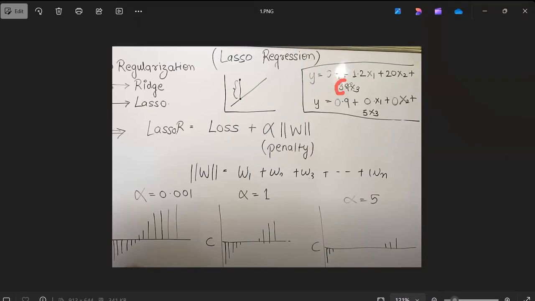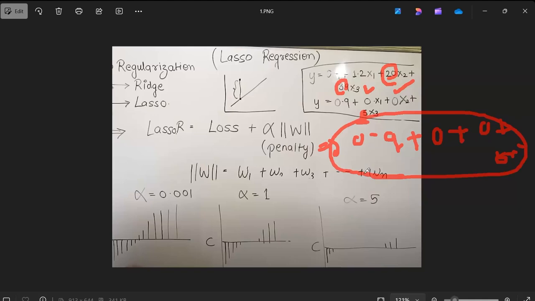The 39 will change to 5. 20 will scale down to 0. 1.2 will scale down to 0. The constant is a constant. That means if I solve this equation, 0.9 plus 0 plus 0 plus 5x3, are we eliminating two attributes or not?